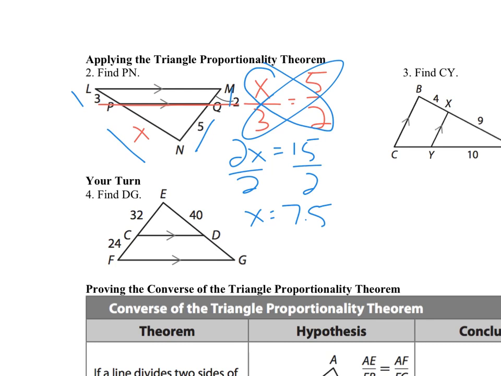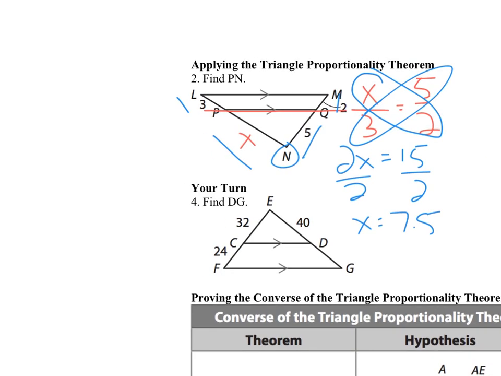Now, I always preferred to go from the shared angle in this one, but it doesn't matter if you're someone who likes to go from top to bottom, and you wrote 3 is to x, so I'm going from here to here, as 2 is to 5.